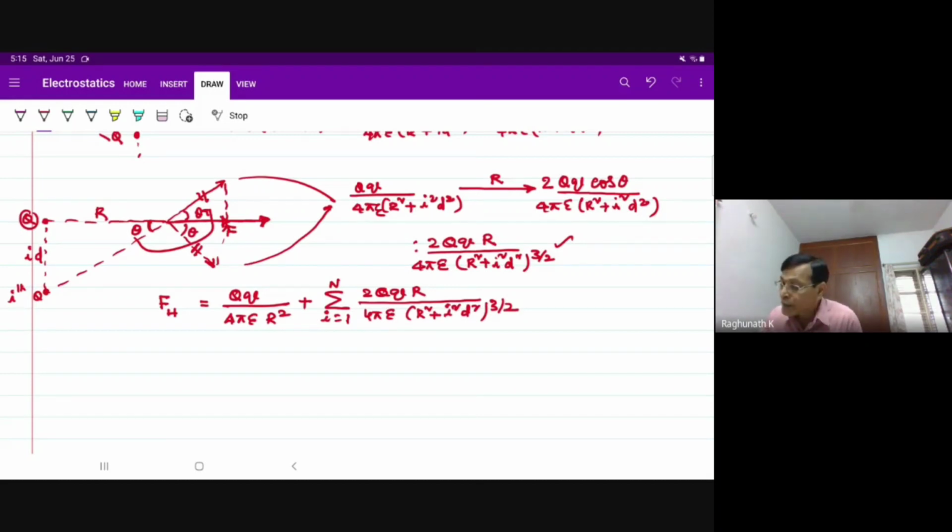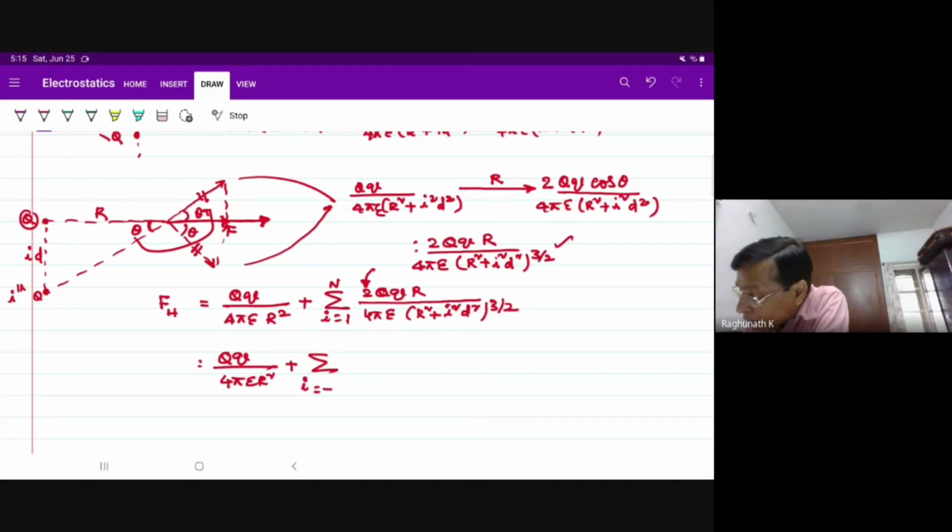I want to put it like this. 2 is there, right? For the sake of extension of this topic: capital Q small q divided by 4 pi epsilon r squared plus sigma summation I is equal to minus n to plus n, I not equal to 0.